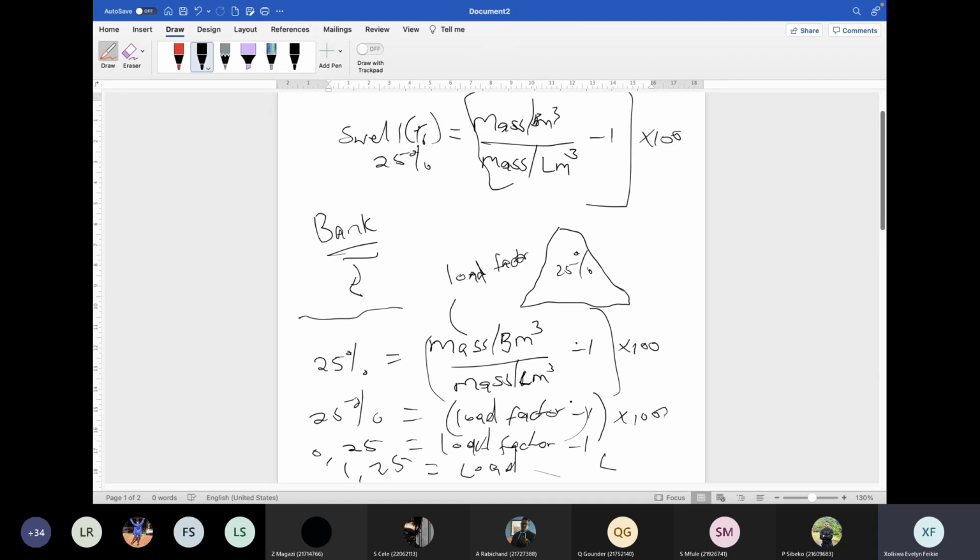When you're moving it to a loose condition, the soil swells. If the soil swells, then you can calculate the swelling in terms of a percentage. There you will also have what we call the load factor as part of that calculation.